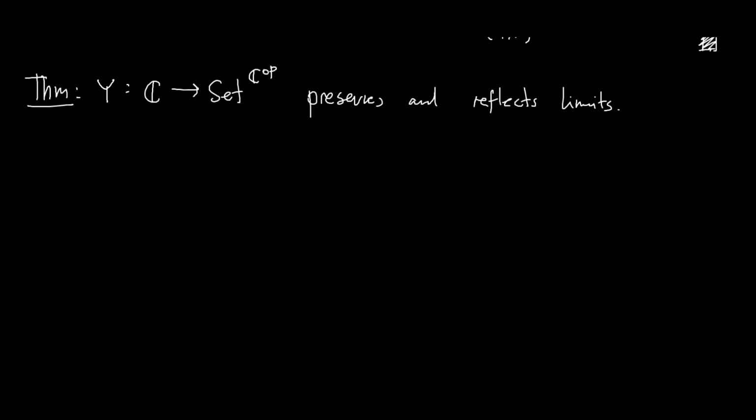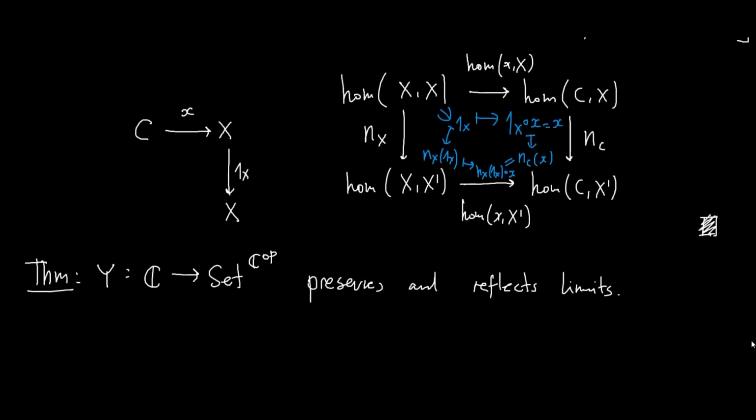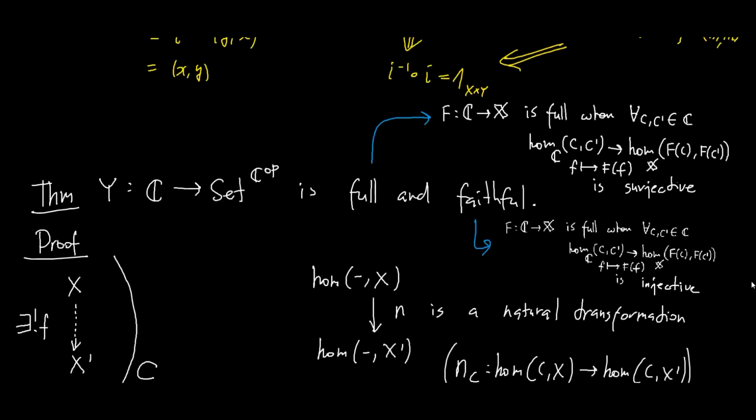If you've got a diagram in C and you take its limit and you apply the functor, it's the same as first applying the functor to your diagram and then taking the limit in this category of generalized sets or variable sets. And reflection means that if you have a cone over a diagram that comes from C, and that cone turns out to be a limiting cone here, then the cone originally was a limiting cone in C. The formal proof of this would require, as a stepping stone, the fact that it's full and faithful.